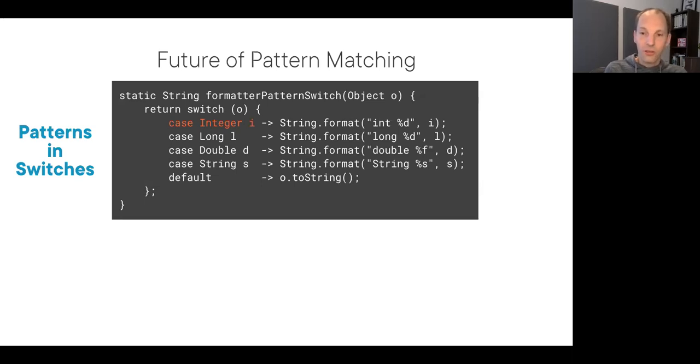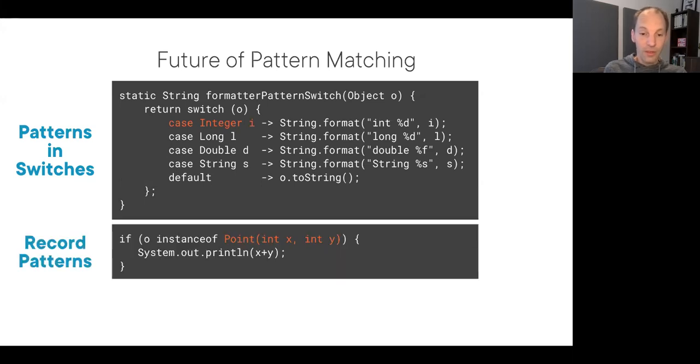Now, the future directions of pattern matching are not just about applying these type patterns in different places, but also about allowing different kinds of patterns to arise in the Java language. For example, in combination with records, which we just saw. What if, for example, we would have a record definition Point taking two integers? Then it would be very nice if we could directly match an object against a pattern that checks whether this object is indeed an instance of Point.